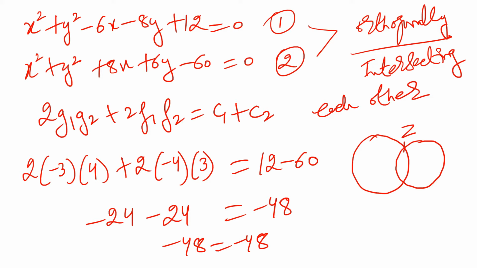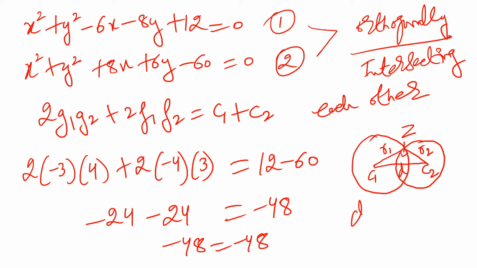Now whenever two circles intersect each other orthogonally, you can clearly see from this diagram that if I just join the centers of these two circles, let's say the distance between their centers C1 and C2 is D and their radii are R1 and R2, then clearly this angle is 90.